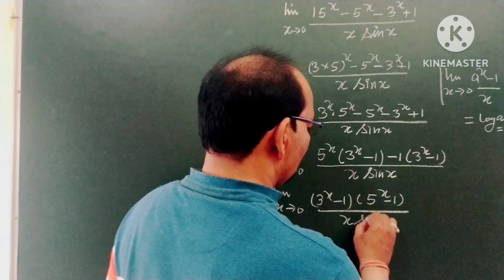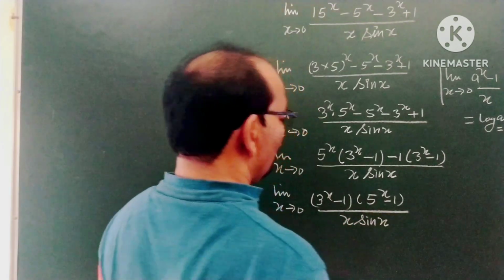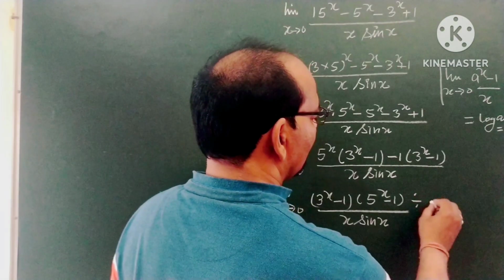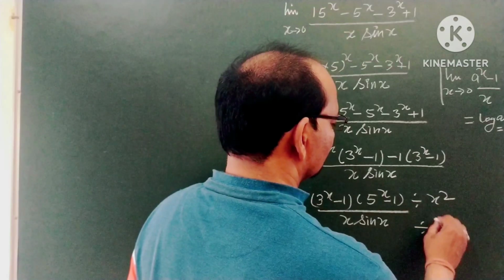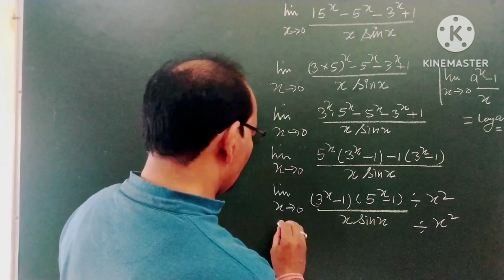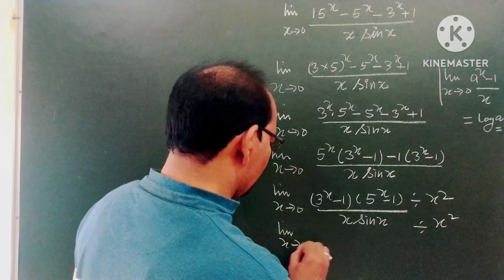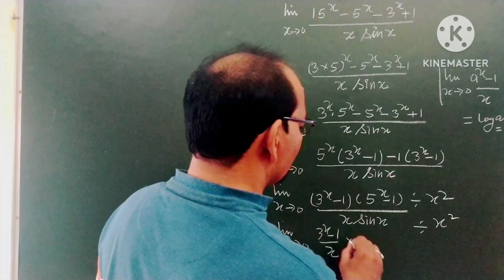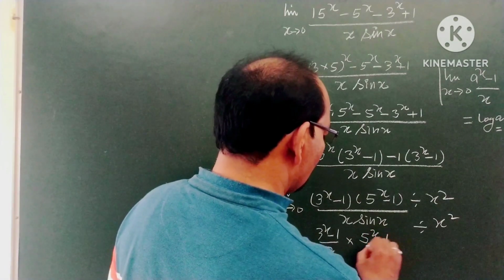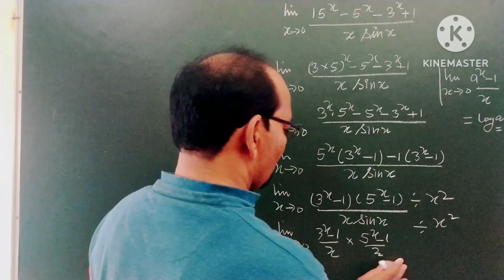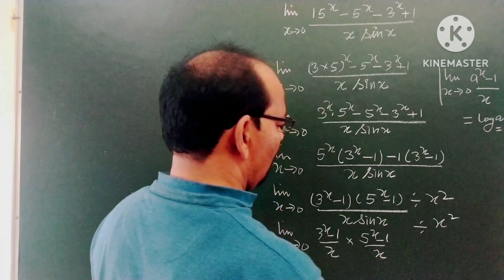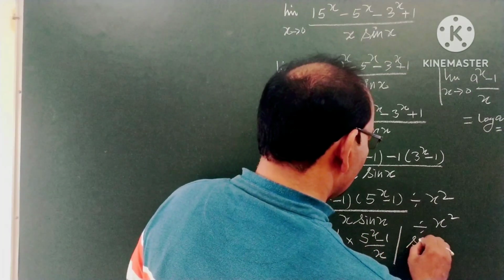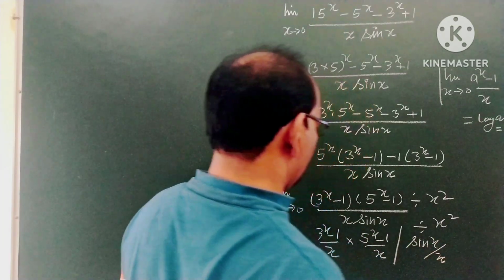Now divide both numerator and denominator by x squared. Therefore the limit as x tends to 0 of (3^x - 1)/x times (5^x - 1)/x, divided by, as x cancels, sin x by x.